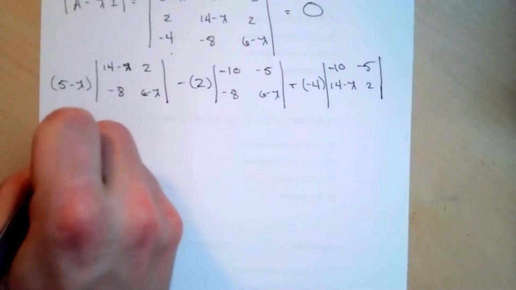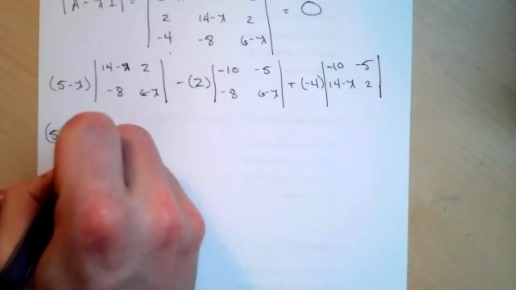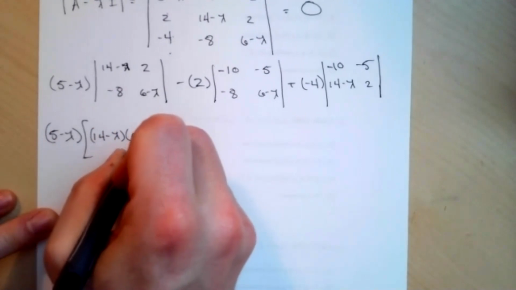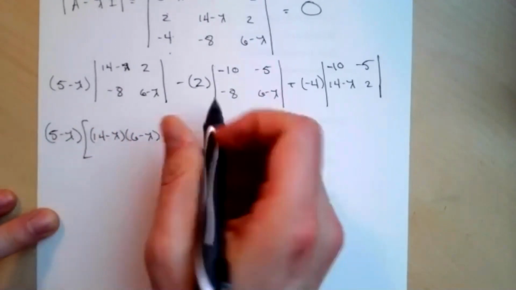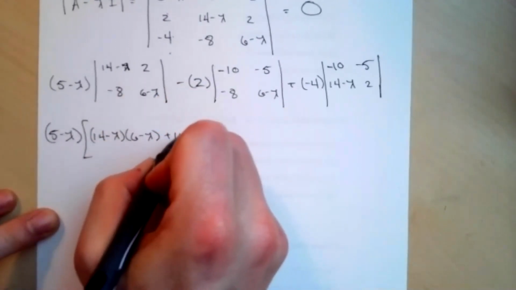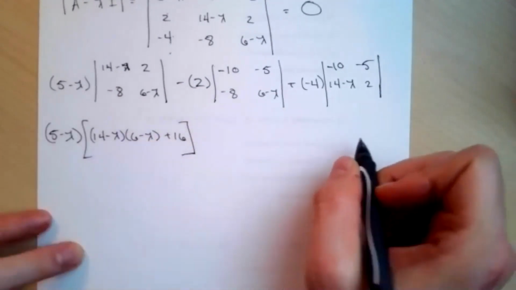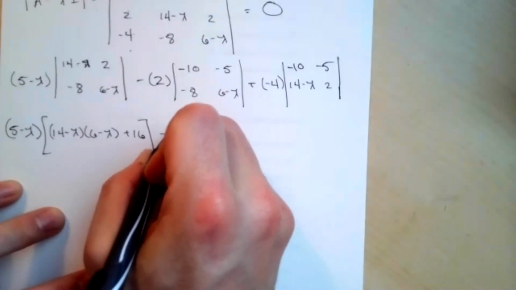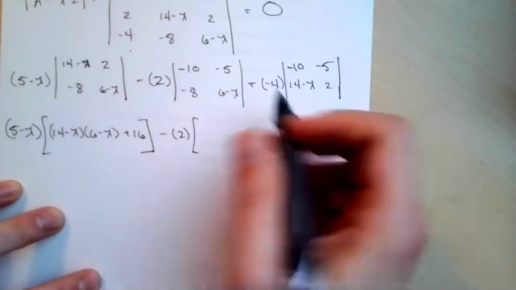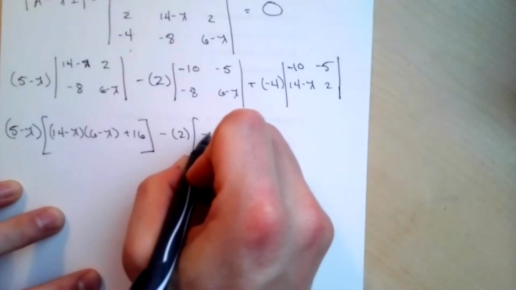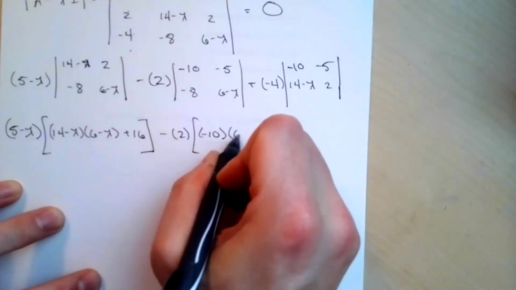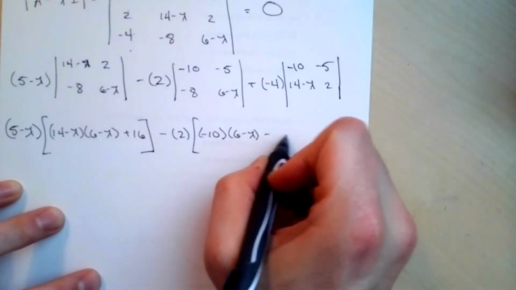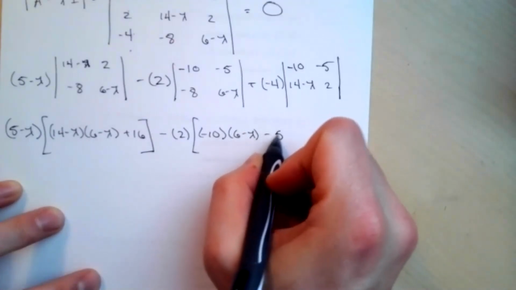5 minus lambda times 14 minus lambda times 6 minus lambda, minus 2 times negative 8, which is plus 16. Minus 2 times, we'll have minus 10 times 6 minus lambda, minus negative 5 times negative 8, which gives us just 5 times 8.